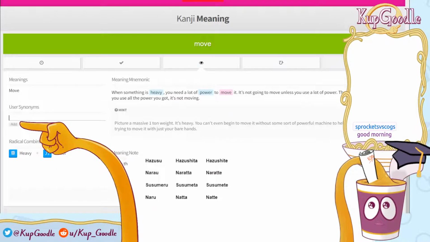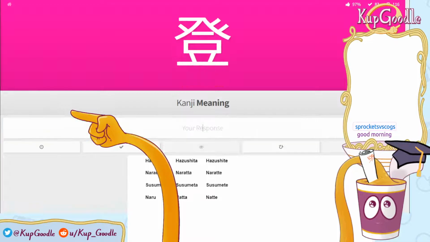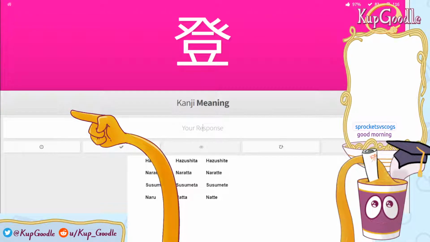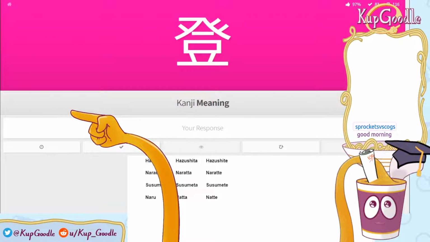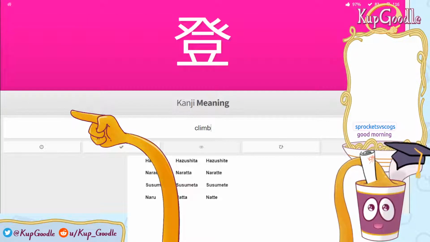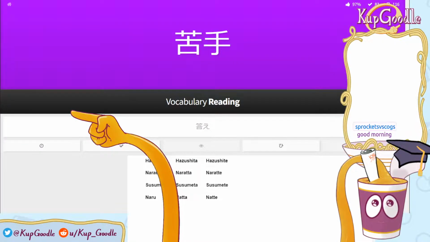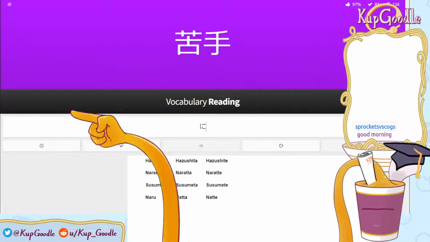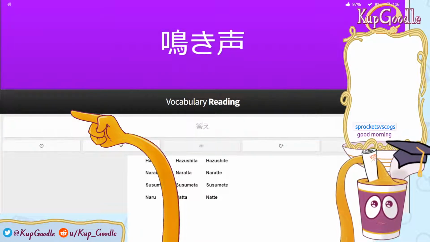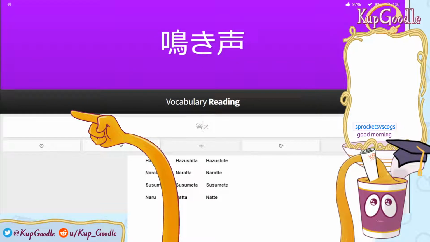Let's add movement as well. Movement. That is depart. No, it's to climb. Your foot is on the ground. Climb. Nigate is to be bad at. Nigate. Nakigoe.